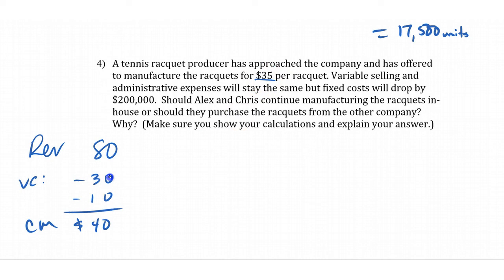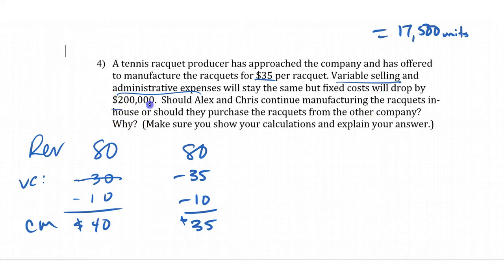So that replaces this number here. Our revenue would still be 80. Our variable cost, instead of manufacturing, would now be purchasing, and that's 35. And then the problem tells us that the variable selling and admin remains the same, so that's still 10. So now we have a new contribution margin, and it's 35. It's no longer 40. So our contribution margin has decreased.